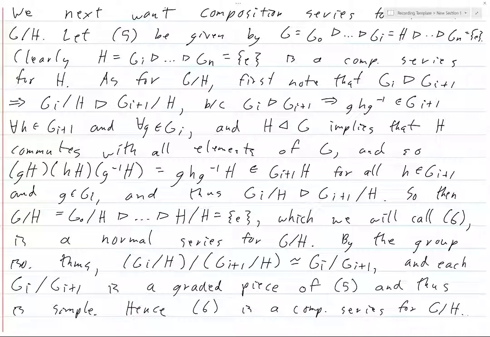We had to prove something about how being a normal subgroup is maintained under modding out by a normal subgroup. Well, just read it. You'll see what I mean, because that was not a very well explained statement. And then at the end we had to use an isomorphism theorem. And that gave us a composition series for G mod H. And so there we go. We are now done with the proof.